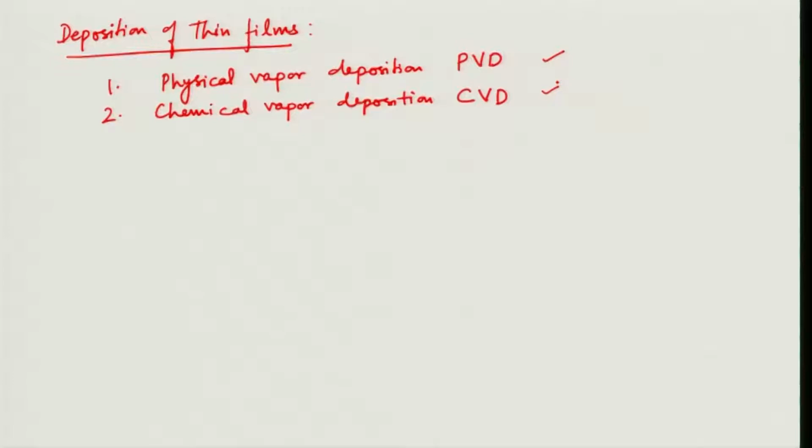Now, under PVD processes, we will learn about several methods. First one being evaporation, and second being sputtering.